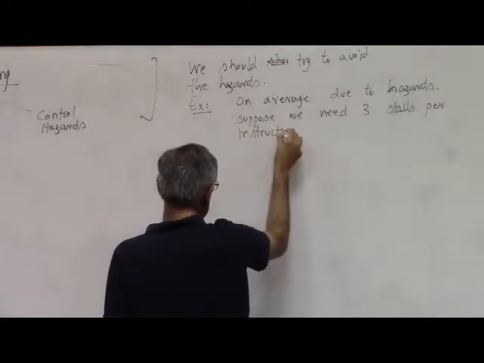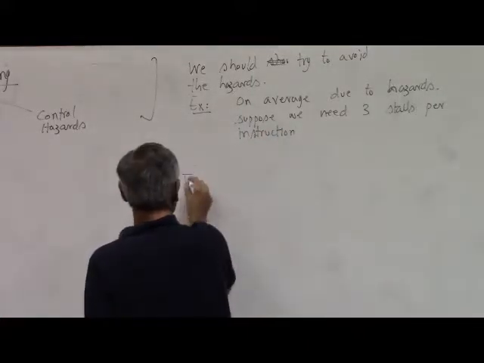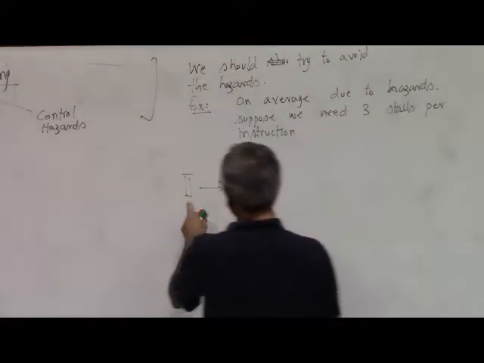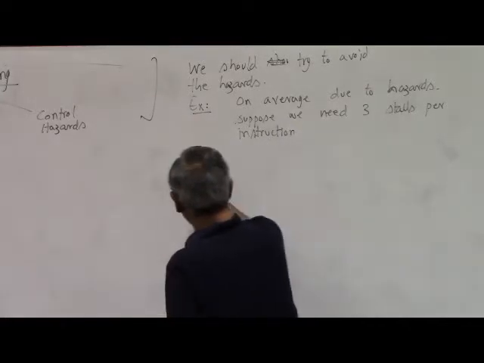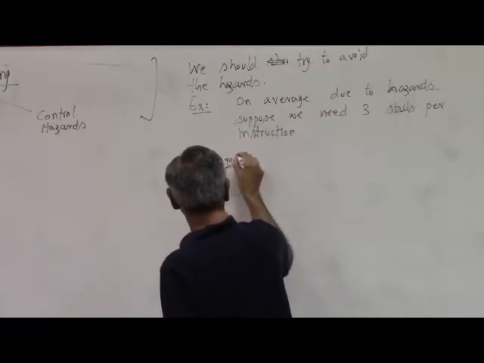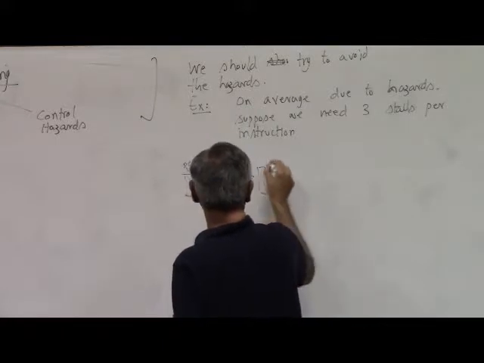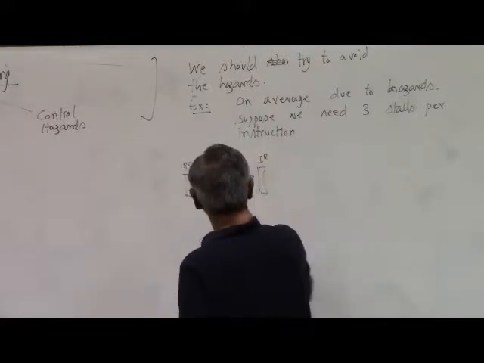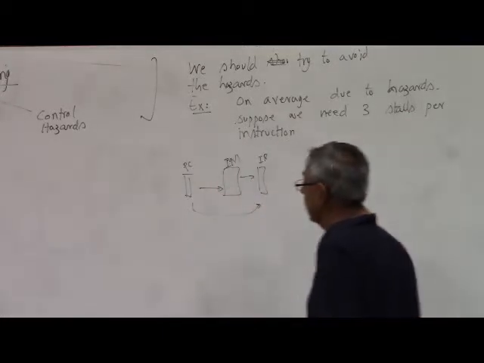Remember the stall. Let's say this is our pipeline. This is our program counter. We read from the instruction memory, then we go to the instruction register. So this is one clock cycle, right?